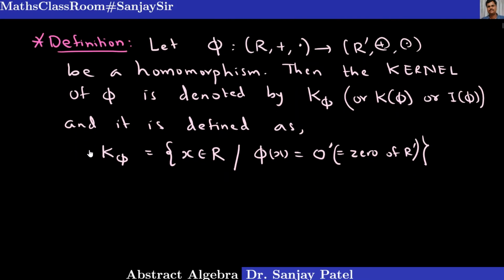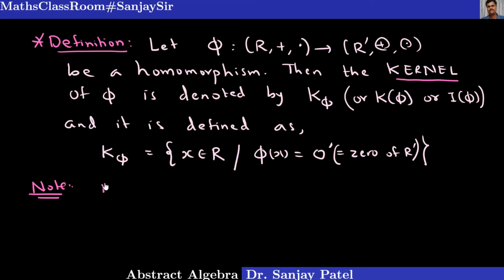First thing you can immediately note is that the kernel is always a non-empty set. And the second thing is the kernel is always a subset of the domain ring, the domain set, because we are collecting all those x in R in the domain ring at which the function phi becomes 0.